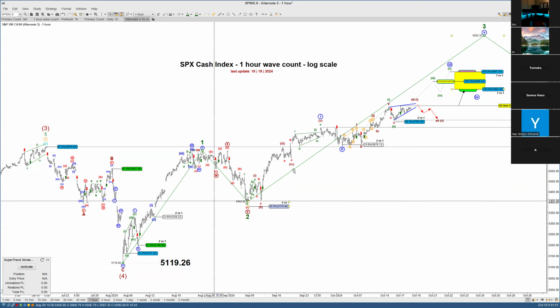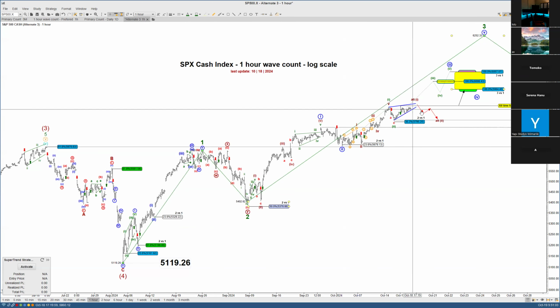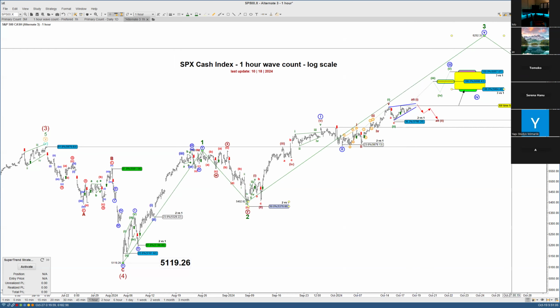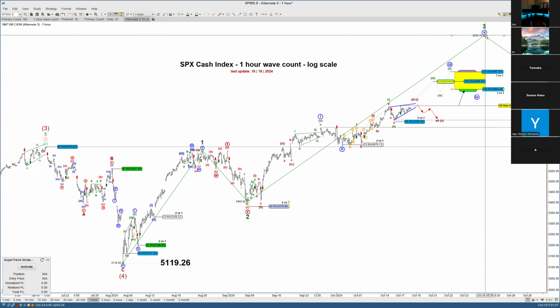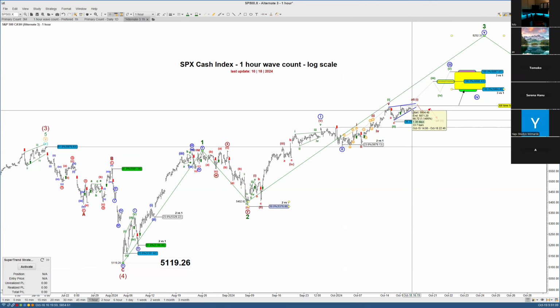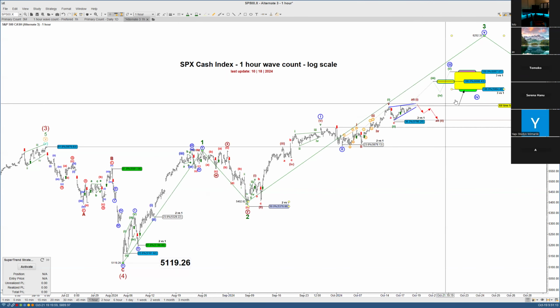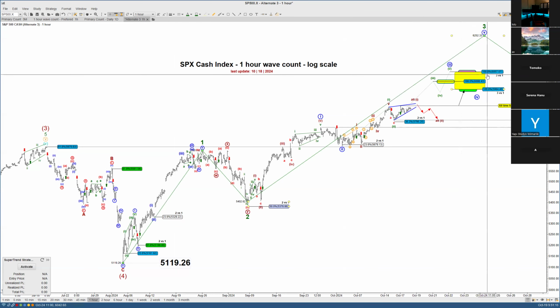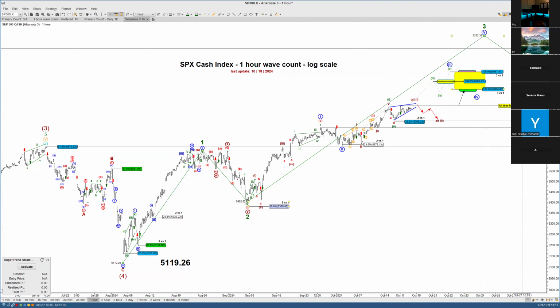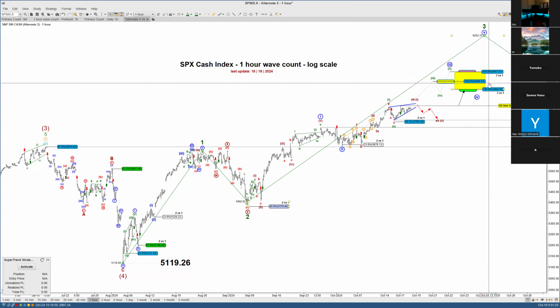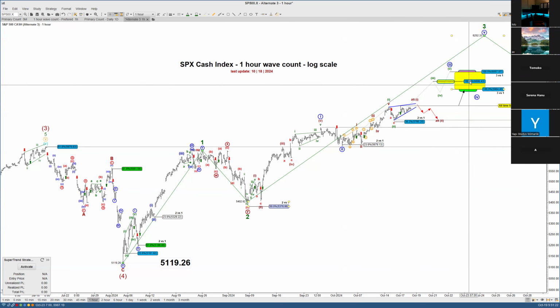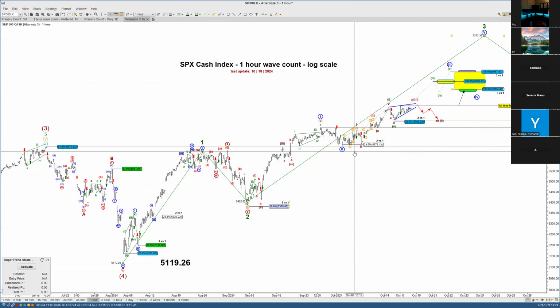Wait a second. If you do that, how are you going to go up? And when has 3 ever become shorter than 1? And when has that wave count ever played out going up? Never. It will never work. Wave 3 cannot be the shortest wave in the entire trend wave.